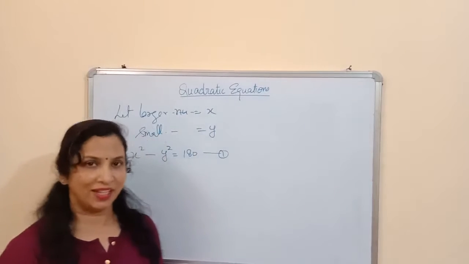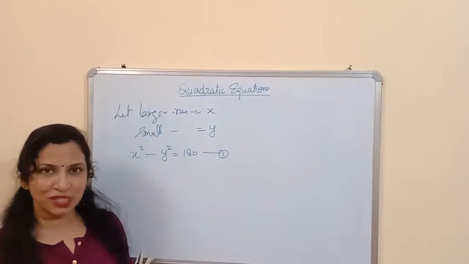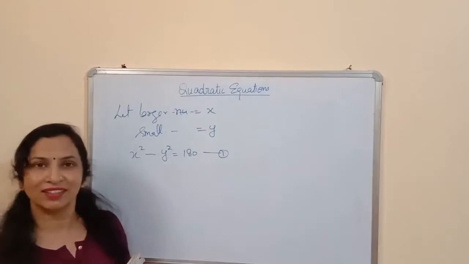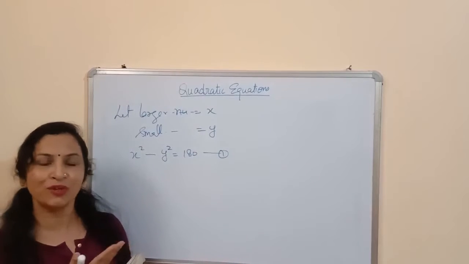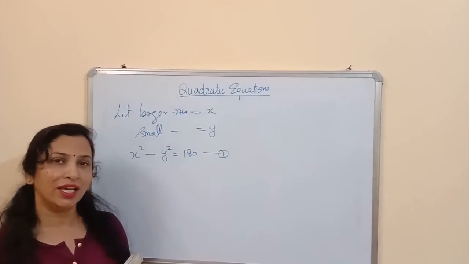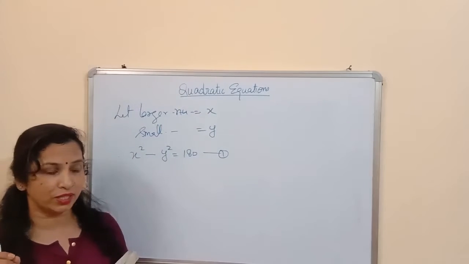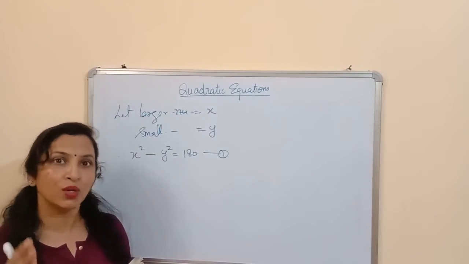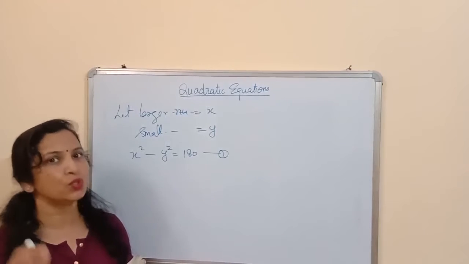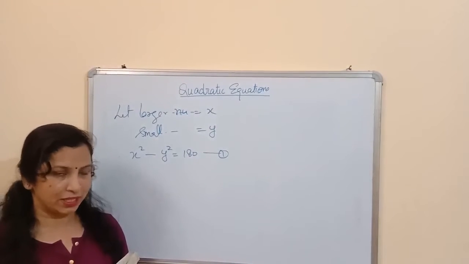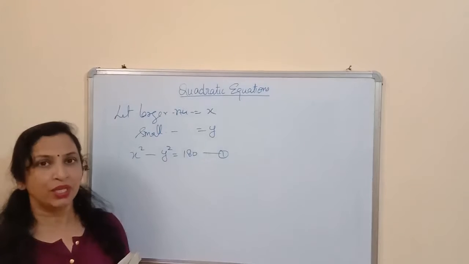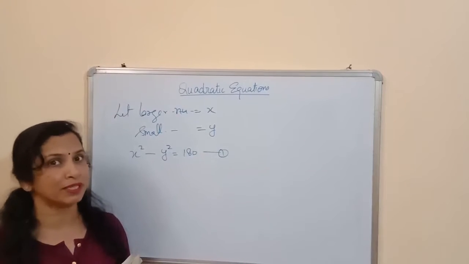I think you have noticed that I have taken y here, and since it is a quadratic equation, why am I using y? In a few questions, if we are not able to solve them by using only x, we can also use y. But the most important point is that you will use a substitution method.